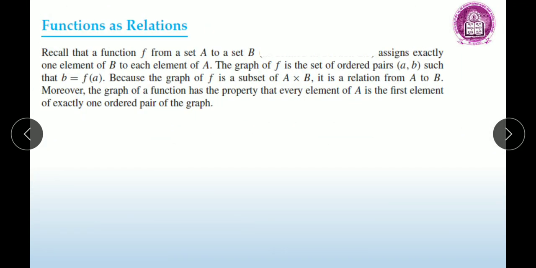Now, we can define functions as a particular case of relations. So recall that a function f from a set A to a set B assigns exactly one element of B to each element of A. The graph of f is a set of ordered pairs (a, b) such that b is f of a.